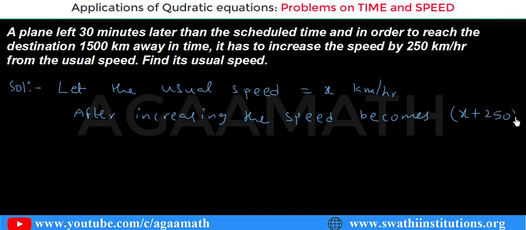So this becomes the speed. Now the question is to find the usual speed here. The distance is, what is the distance it has to travel? That is 1500 kilometers.